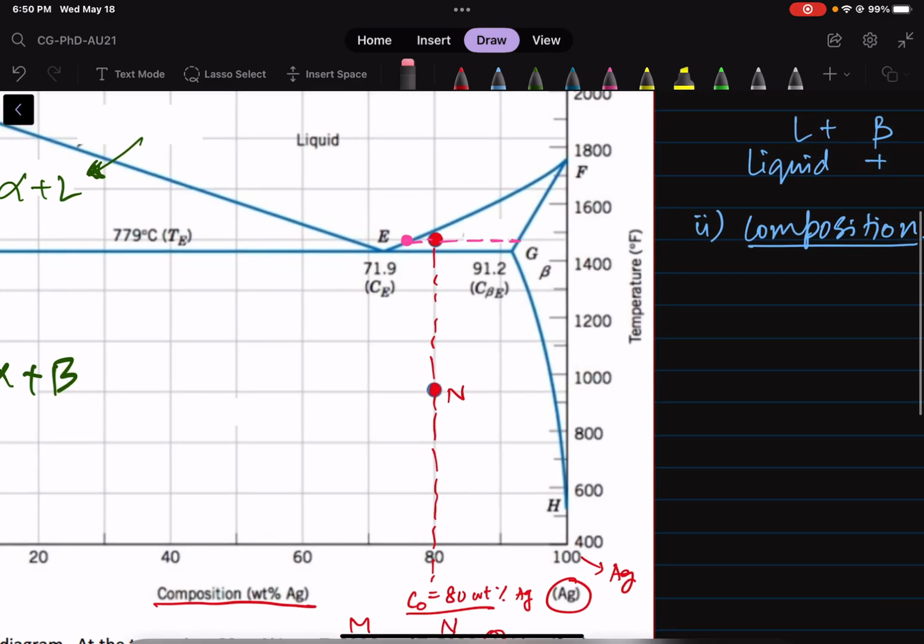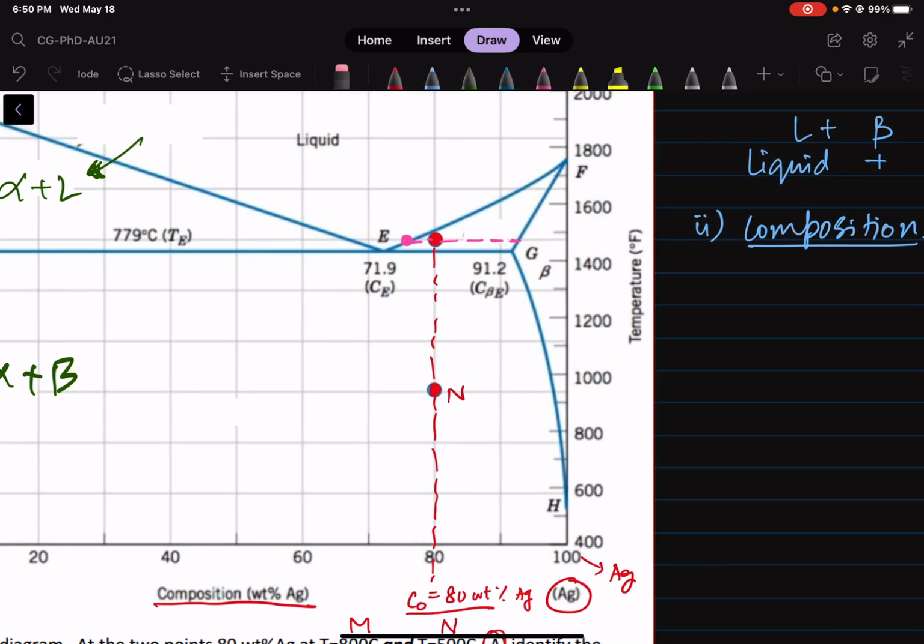And you can see that your tie line, which is this horizontal line, touches the liquid part on this point and the solid on this side. Once you get this, you can draw verticals from these points. So let's draw two verticals from each of the points.